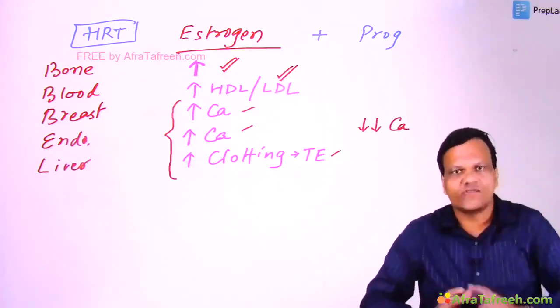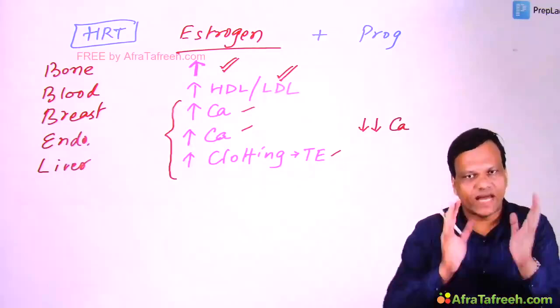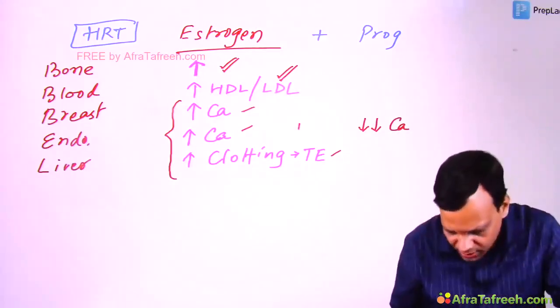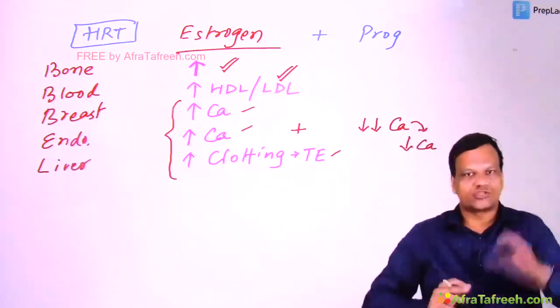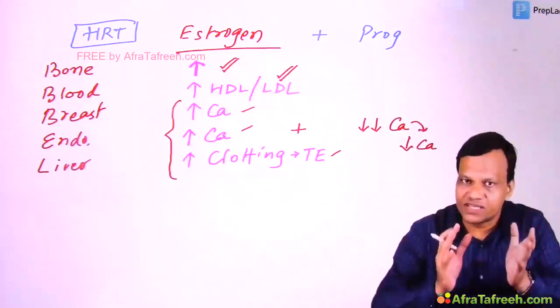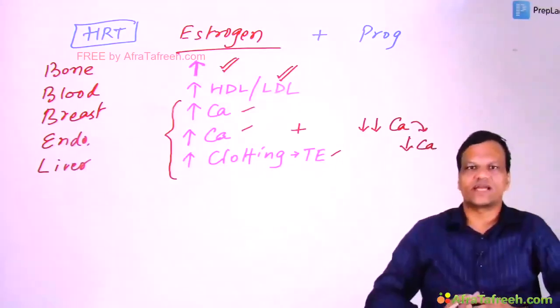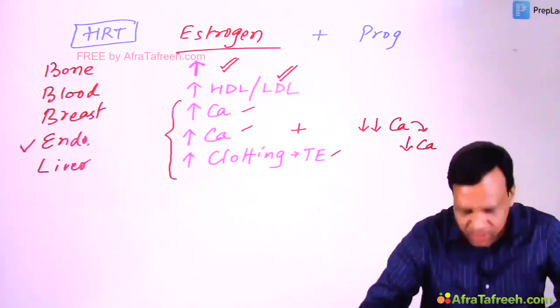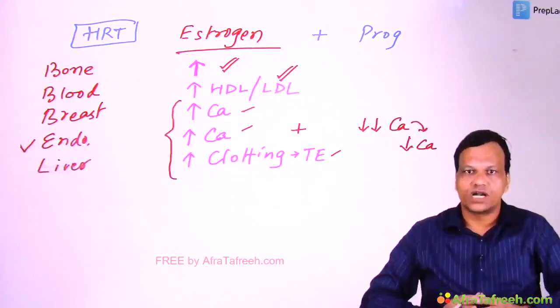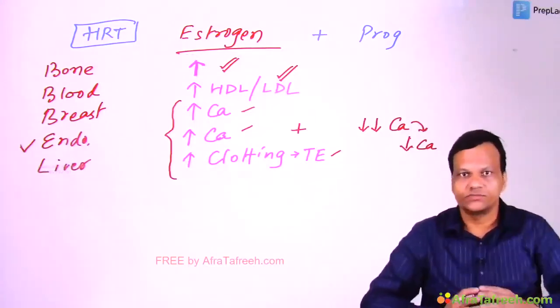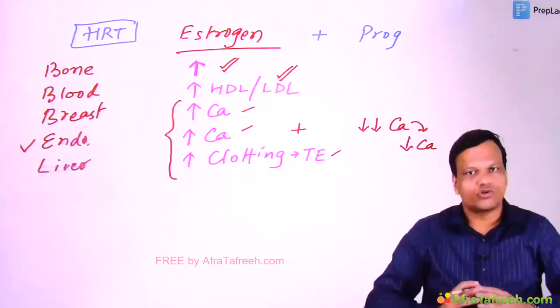Progesterone decreases the risk of endometrial carcinoma, and when we give HRT, estrogen plus progesterone, the net effect is actually a decrease in risk of endometrial cancer. Estrogen was increasing, but hormone replacement therapy is decreasing the risk of endometrial cancer. That means one adverse effect has been converted into advantage. Adversity has been converted into advantage. Okay? So progesterone was added because of that.